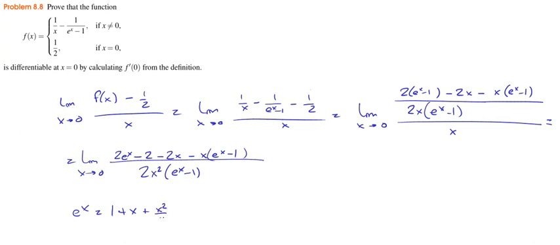So this is like this plus small o of x cubed, right? Let's write it here.